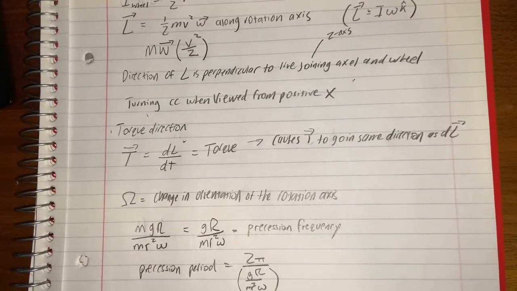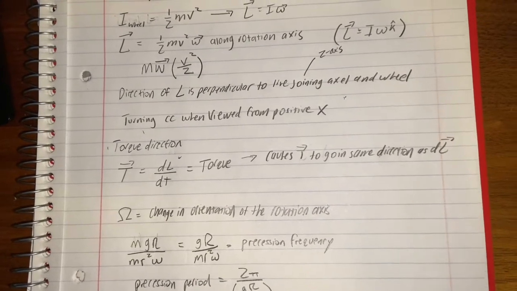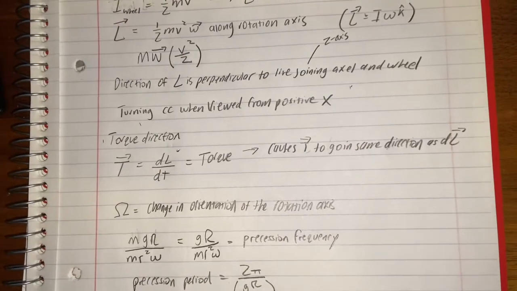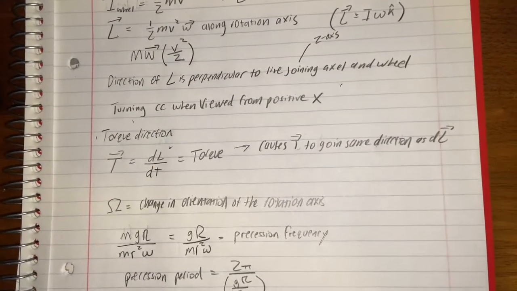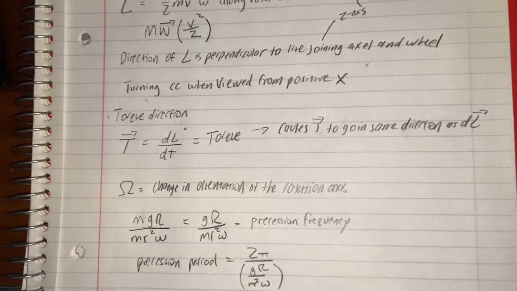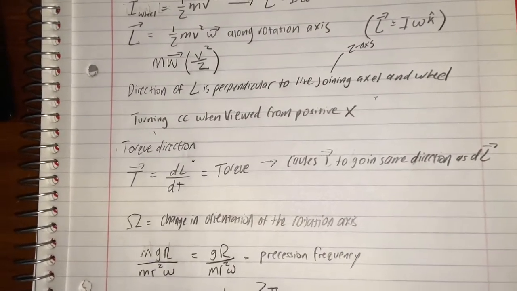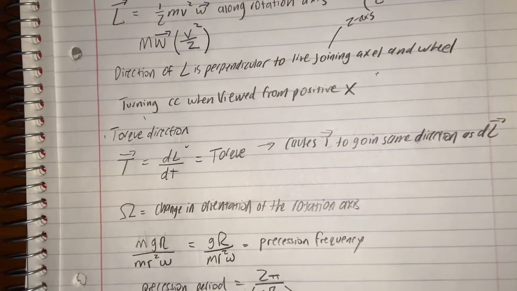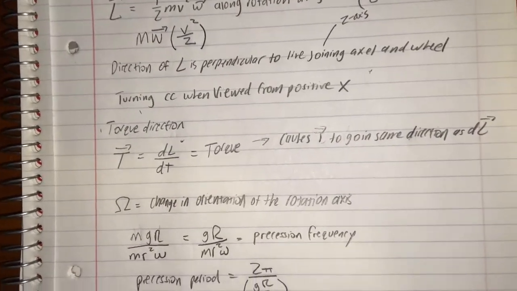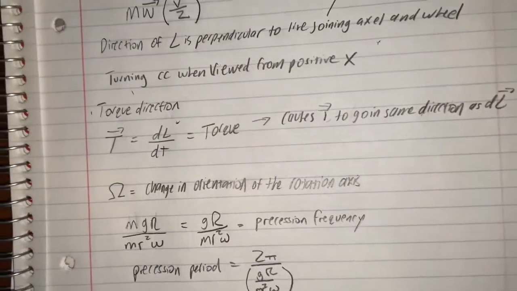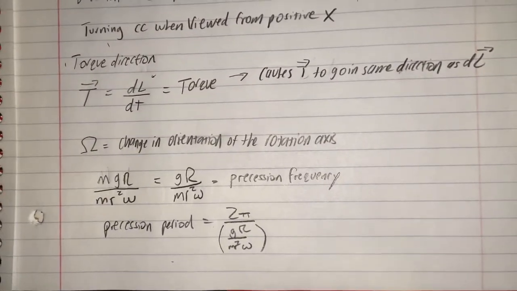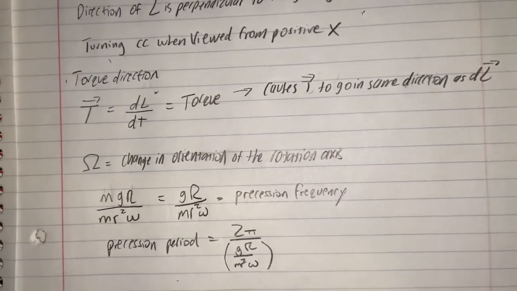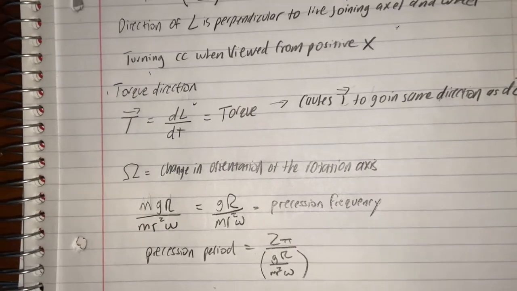So we know that mgr over mr squared times the angular velocity, and the masses can cancel out there, so that's going to be equal to g times big R, which is the length of the string from the center of the mass to the end of the axle, and that gives us the frequency. To find the period, it's 2 pi over the frequency, and I'm sure that can be simplified a little further, but that's what I got for the period.